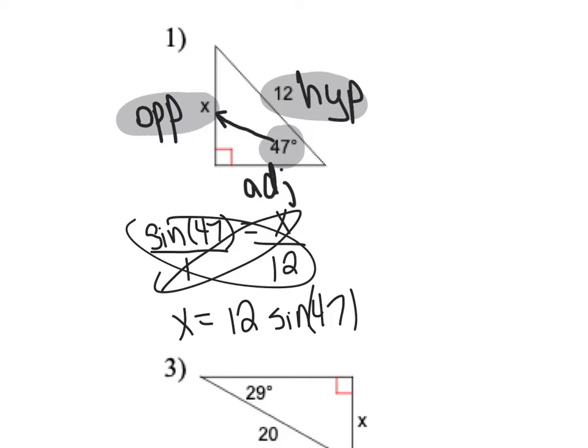Then in our Desmos calculator, you want to make sure you have that open. You're going to take 12 times the sine of 47, and you should get 8.78. Make sure you know how to enter it correctly in the Desmos scientific calculator.